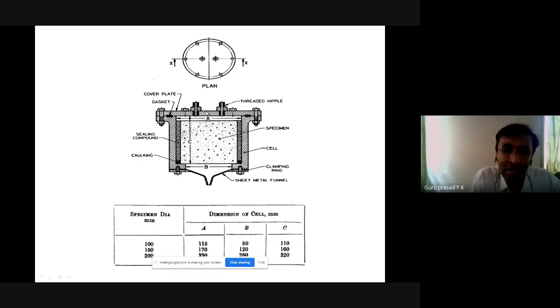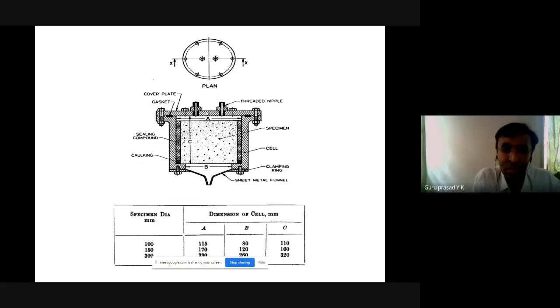Now, this is done in the lab. When they cast concrete, even at the site, they also cast samples in cubes and cylinders. That cube or cylinder, especially the cube, can be brought into the laboratory for this permeability test.